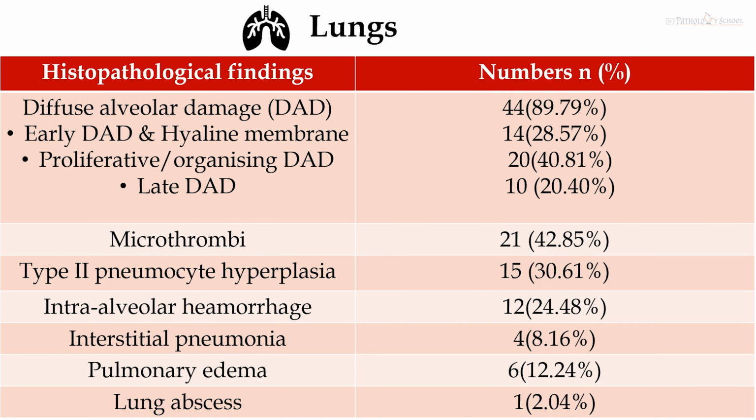The presence of microthrombi was seen in 21 patients, followed by type 2 pneumocyte hyperplasia in 15 patients, intra-alveolar hemorrhage in 12 patients, interstitial pneumonia in 4 cases, 6 cases showing pulmonary edema, and 1 single case showing lung abscess.